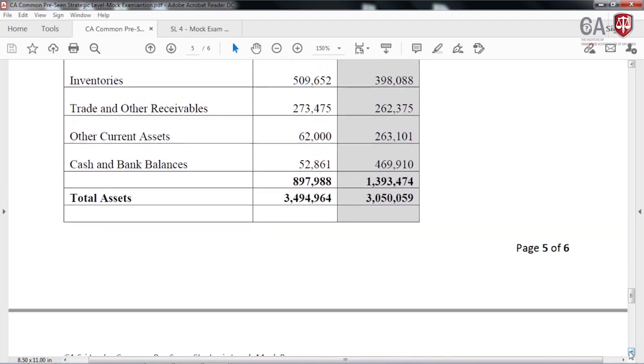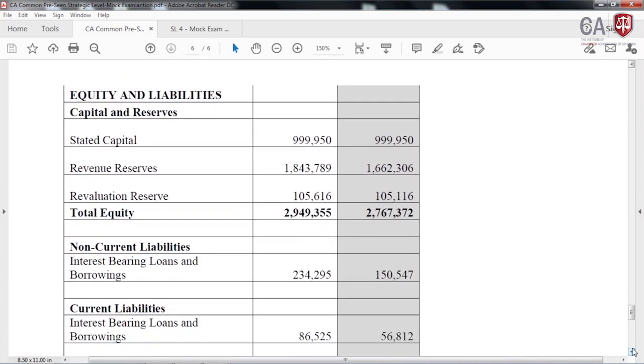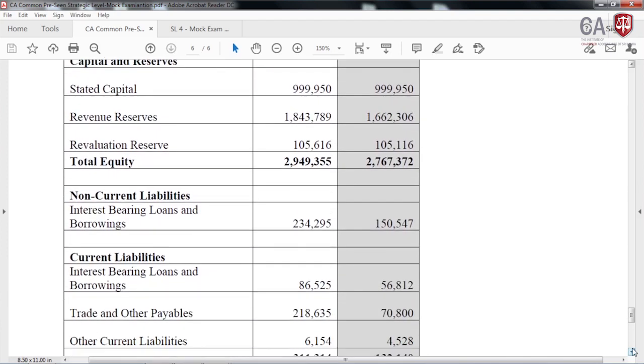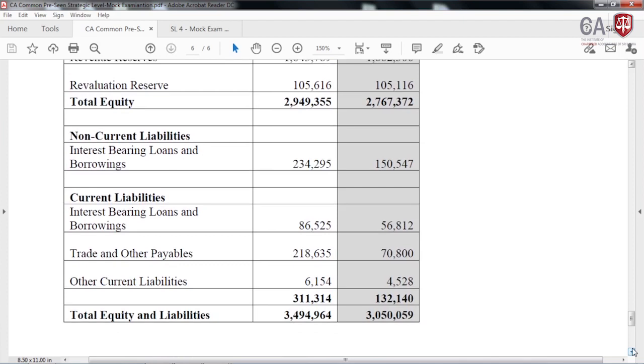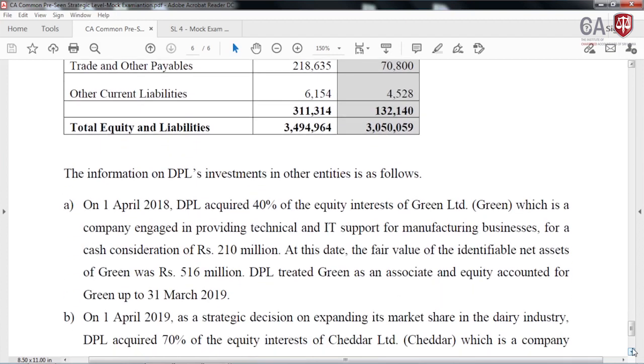Then current assets, inventories have significantly increased. Equity has increased, loan value has increased, trade and other payable value has increased.